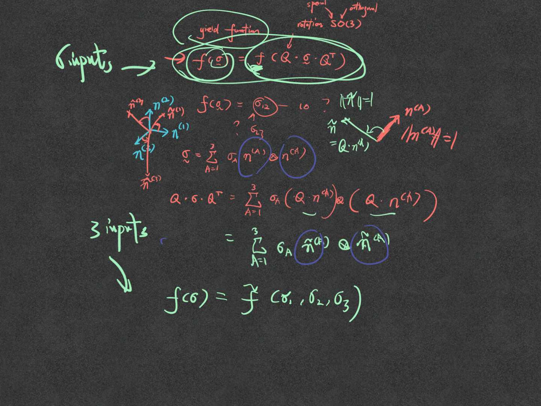Just like the J2, I reduce the 6-dimensional problem into a 3-dimensional problem in this particular case. But in exchange, I cannot model anything anisotropic, which is actually a generalization of the J2, because in J2, I reduce the 6 dimensions to 1 dimension. I cannot even model anything that is pressure sensitive, right?